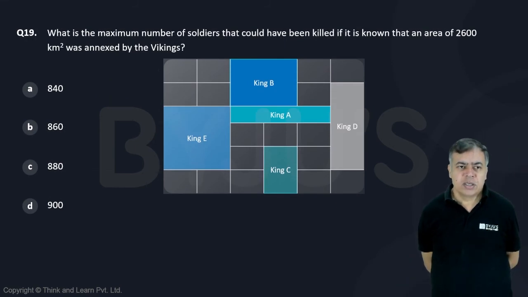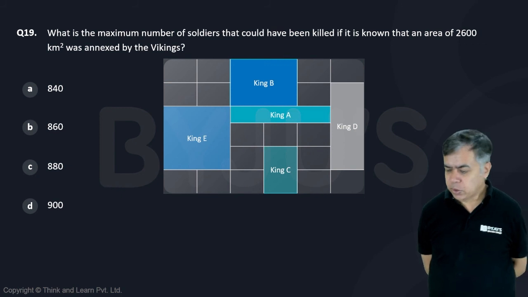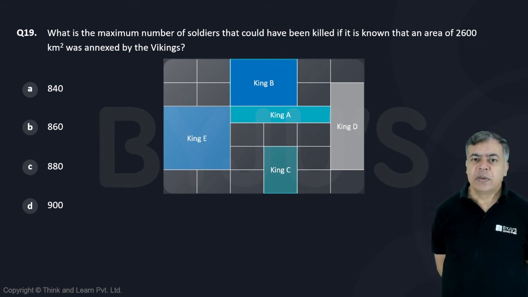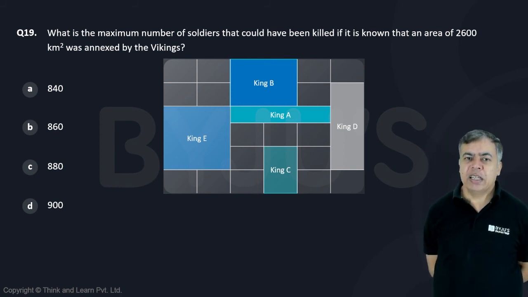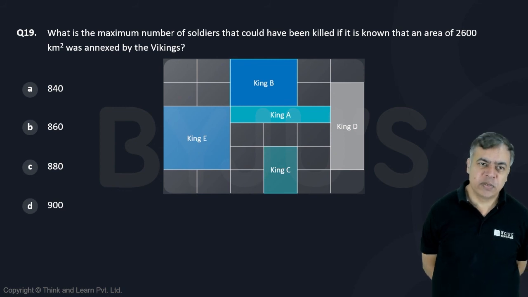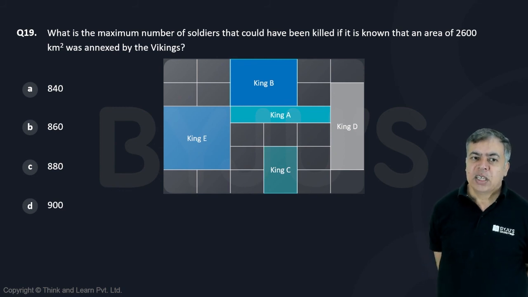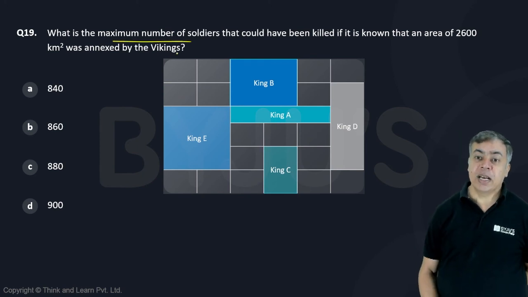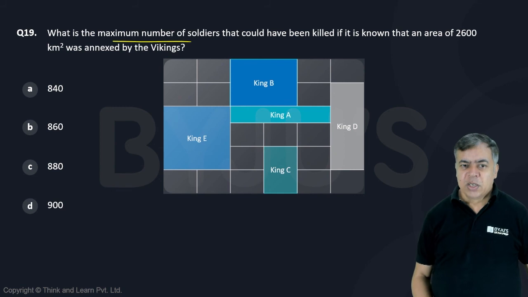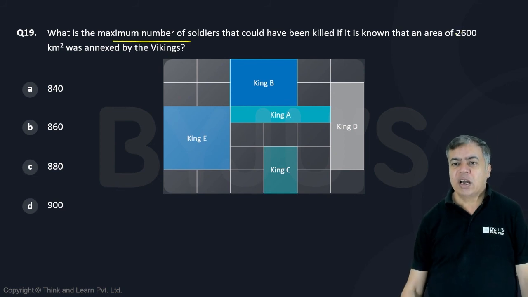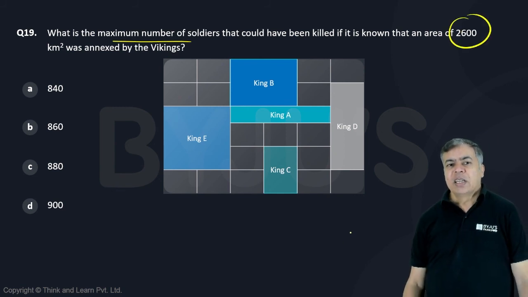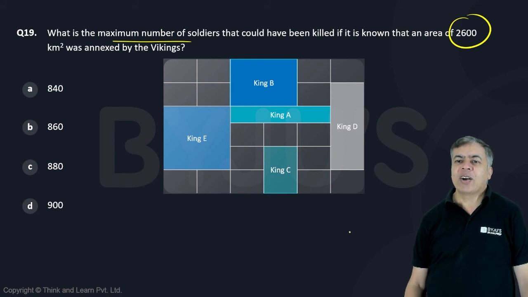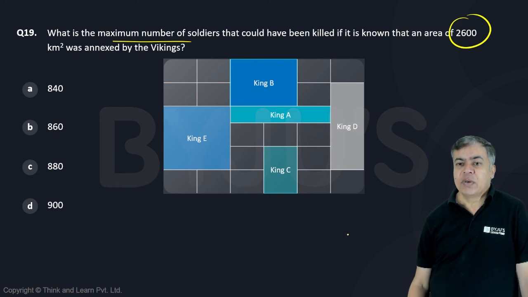Okay, the question says what is the maximum number of soldiers that could have been killed if it is known that an area of 2600 kilometers square was annexed by the Vikings. Now he is talking about the maximum number of soldiers killed. So I want the area 2600. Now for the maximum number of soldiers, I will take all the squares separately. What will I leave?